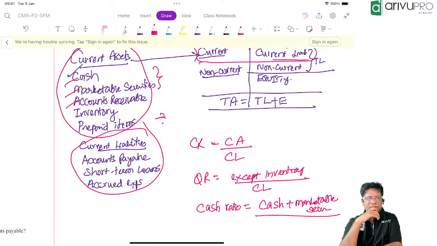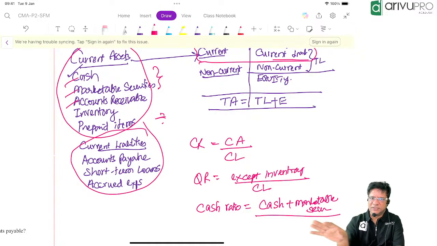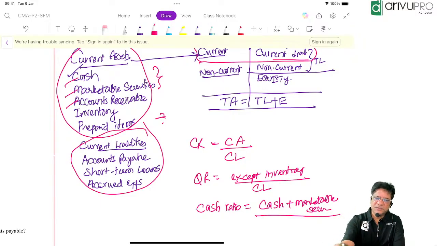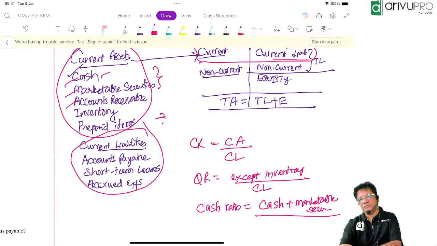In America, the term cash means cash plus bank: all forms of cash, checks, post-dated checks, demand drafts, coins, and digital currency, nowadays crypto. But in America, any company you see, they just say cash. They don't say cash in bank, which means it includes everything.